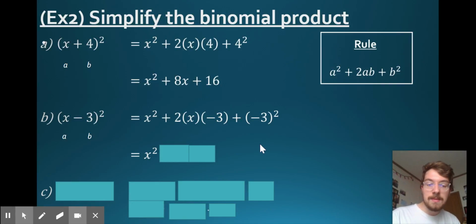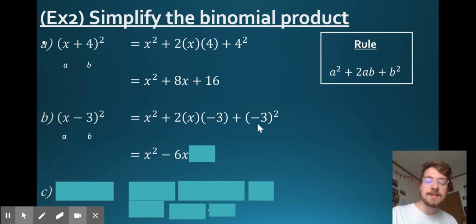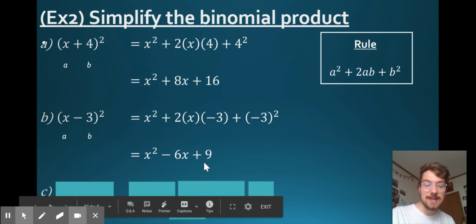So in the middle, you should have plus negative 6x, or in this case, I put minus 6x, because that number is going to be negative. And then on the very end, don't let the negative trip you up at all. If I'm doing negative 3 squared, I'm doing negative 3 times negative 3. Negative times negative should be a positive. So you should have plus 9 on the end of this answer.